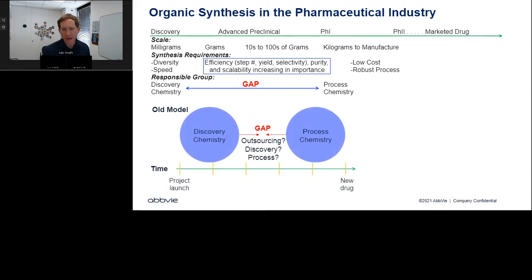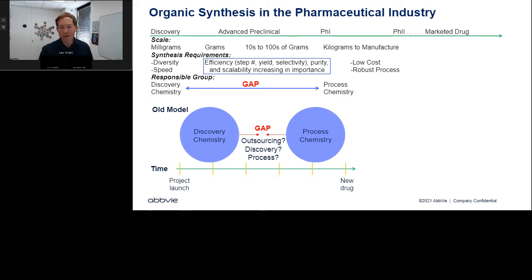So just looking at this in more detail. Really the old model where you have the start of a project, you have discovery chemists working hard to find the right drug, and then you have process chemists really trying to figure out how to make that one drug substance to bring a new drug to patients. This gap in the middle wasn't entirely clear. There were many different ideas of how this could be addressed.